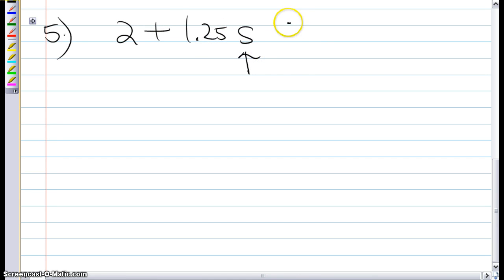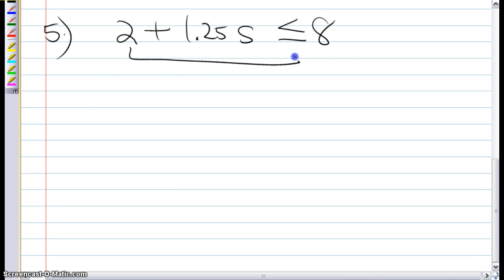So in number 5, I've got $2 plus the $1.25 for each small postcard. That's going to be less than or equal to $8 since I can't spend more than $8. To find S, I want to first move the 2 and subtract it. This is the first step. I get 6.